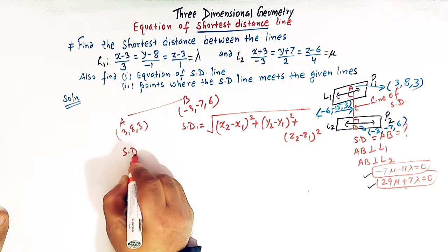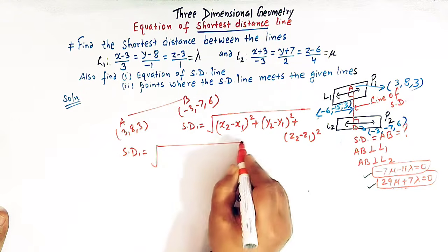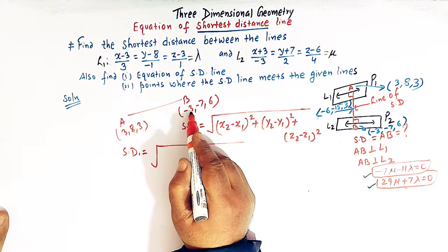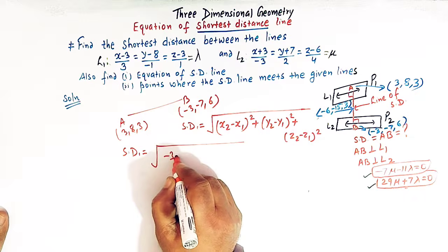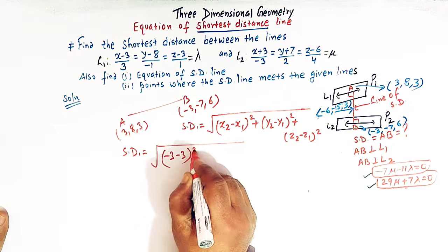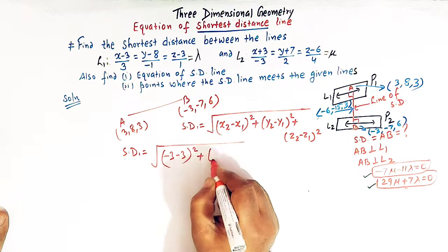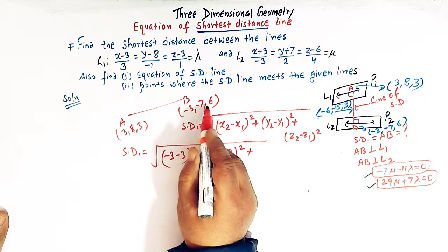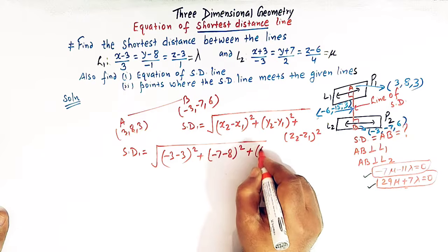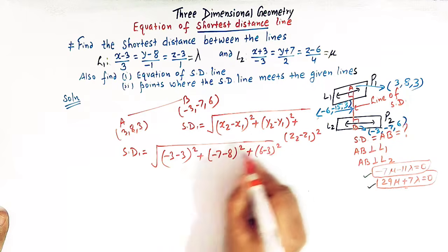So x1 y1 z1, this is x2 y2 z2, so we have minus 3 minus 3 whole square, then minus 7 minus 8 whole square, then 6 minus 3 whole square, right?